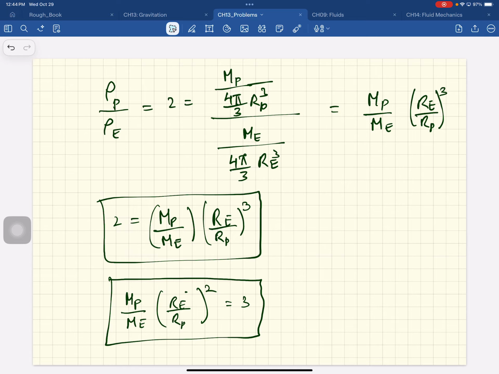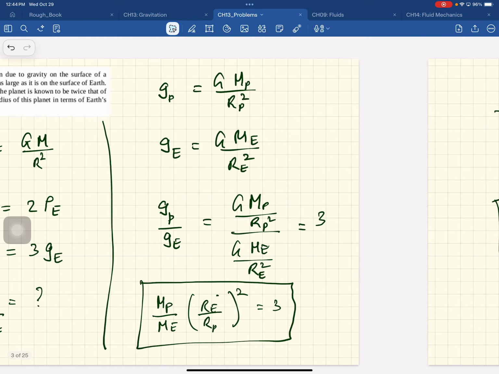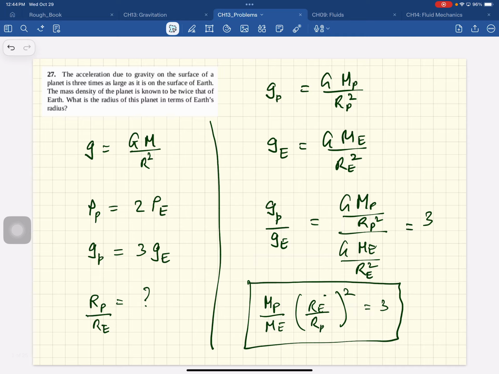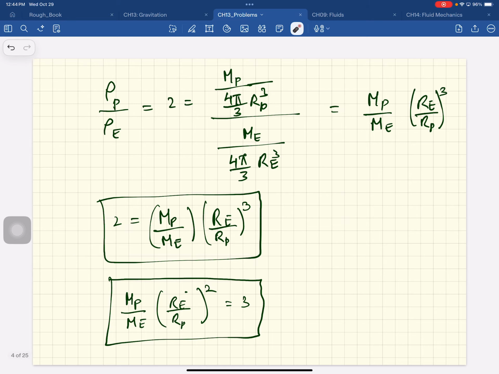Between these two equations, we should be able to solve this. What we want is this ratio, so we'll solve for this in terms of that, and then put that in here.